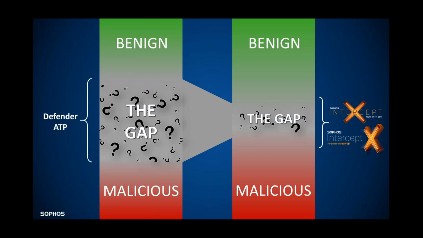But other solutions effectively put the onus on you and your IT teams to work out what's actually going on. So if Defender or another EDR solution picks up something strange going on on an endpoint, the onus is now on you to work it out.